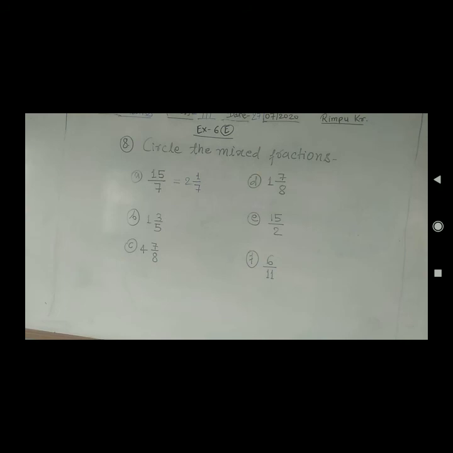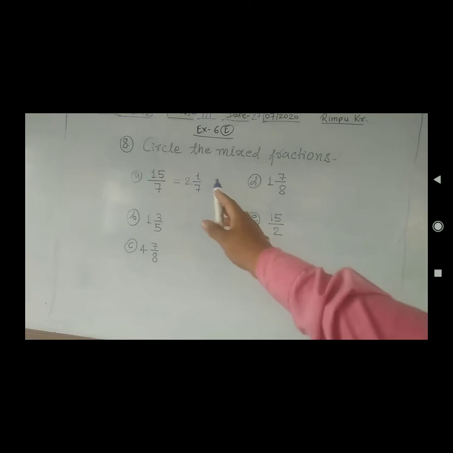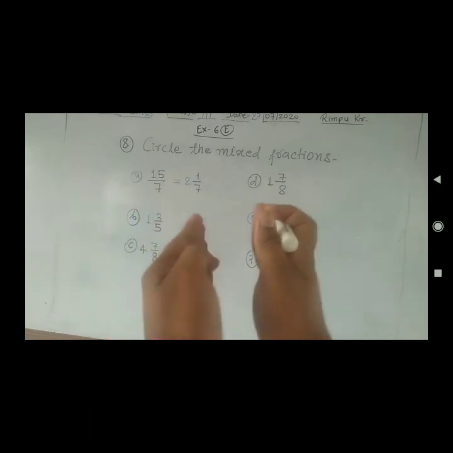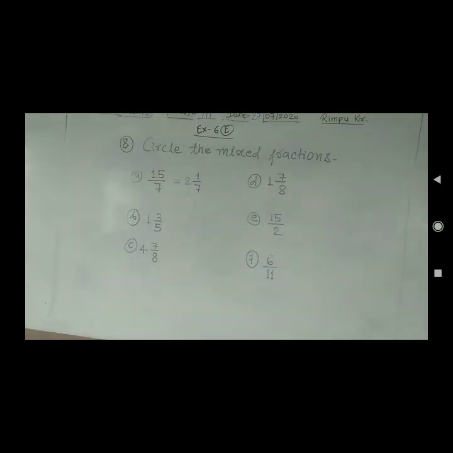By this way, you can see here it is a combination of a whole number. 2 is a whole number and 1 upon 7 is a fractional form. This is an improper fraction. That means what? Its combination is called mixed fraction. So guys, you have to just circle it.